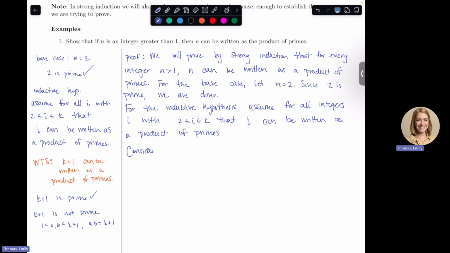Consider k plus 1. Now, if k plus 1 is prime, we're done.